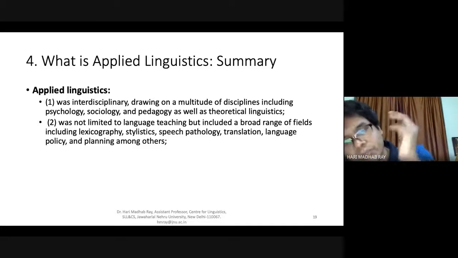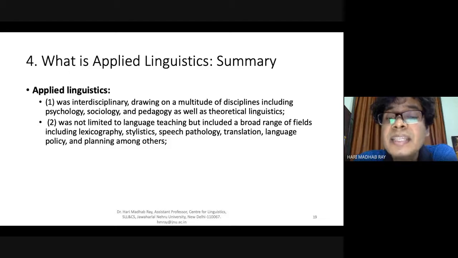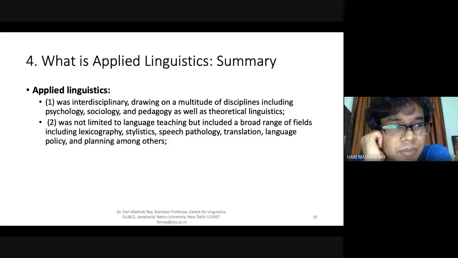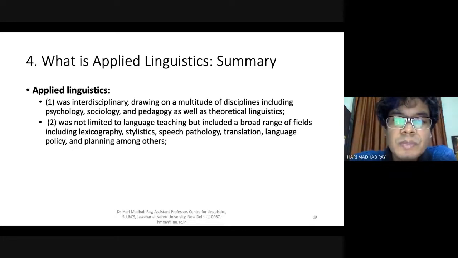So stylistics is one of the cases, and speech pathology. As I already told you, you are also aware of speech pathology, mainly language disorders, whether it's aphasia, dyslexia, dysarthria, dysgraphia, and many other language-related problems, acquired after brain damage. Some children are born with such cases, so a speech therapist or pathologist tries to solve those problems.